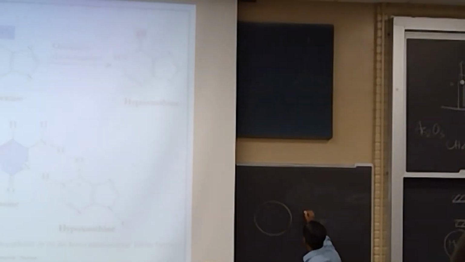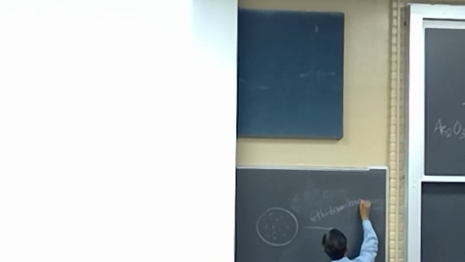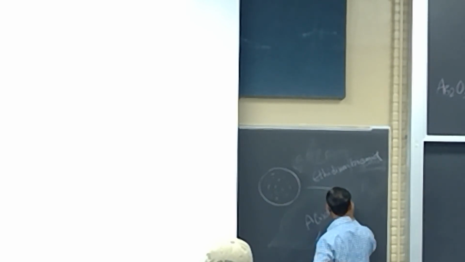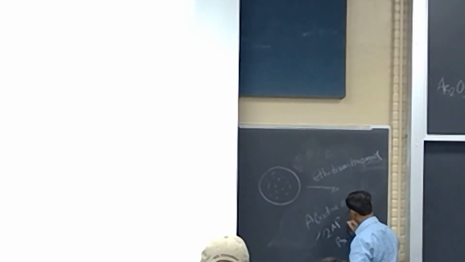Let's say ethidium bromide or acridine orange. These are all aromatic compounds. Or you can use 2-aminopurine, or you could use bromouracil. Any of these mutagens you take.